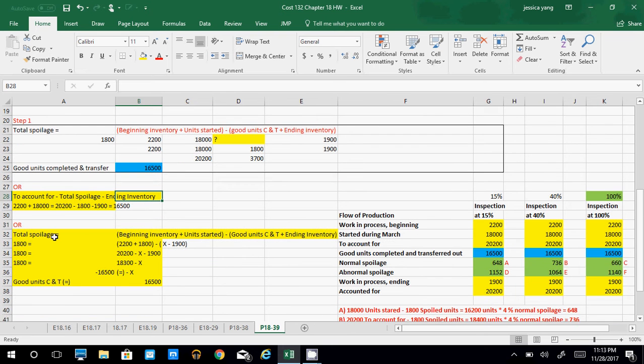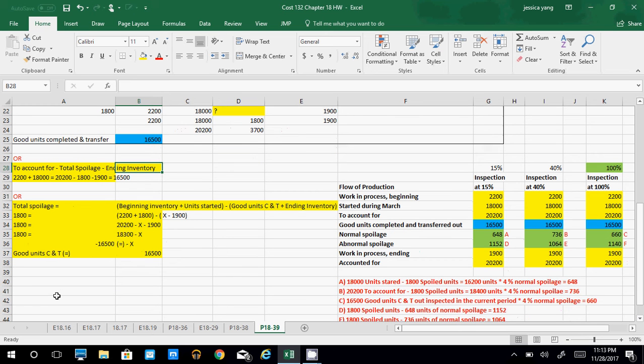Or you can do another way by simply solving for X, and X would be your good units completed and transferred, which gives you 16,500 units.